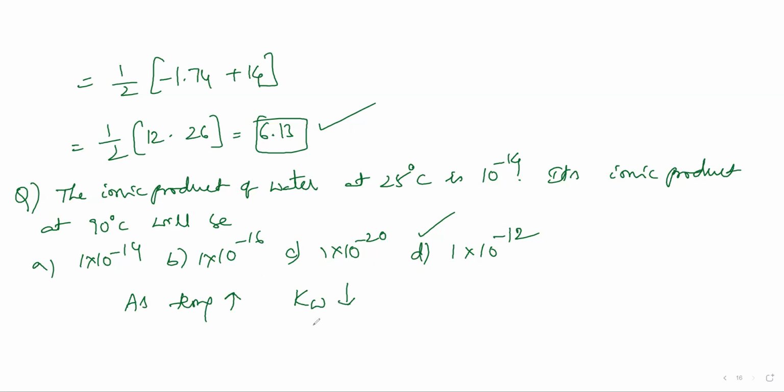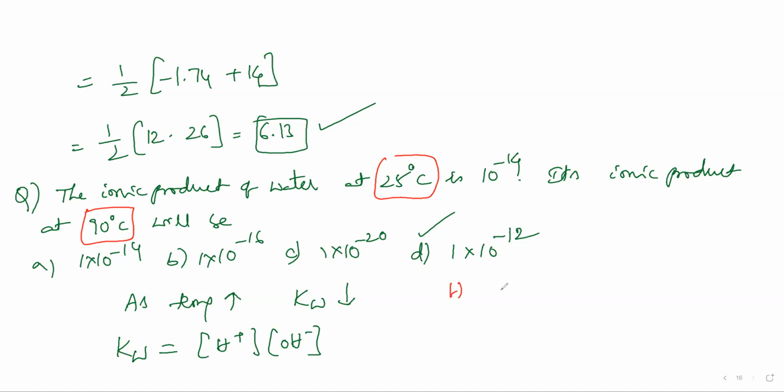So is it true? What is ionic product of water? It is concentration of H plus ions and OH minus ions. Now the given condition here, it is very clear that 25 degrees is increased to 90 degrees. So no doubt temperature is increased. So if temperature is increased, then degree of dissociation will increase or decrease?